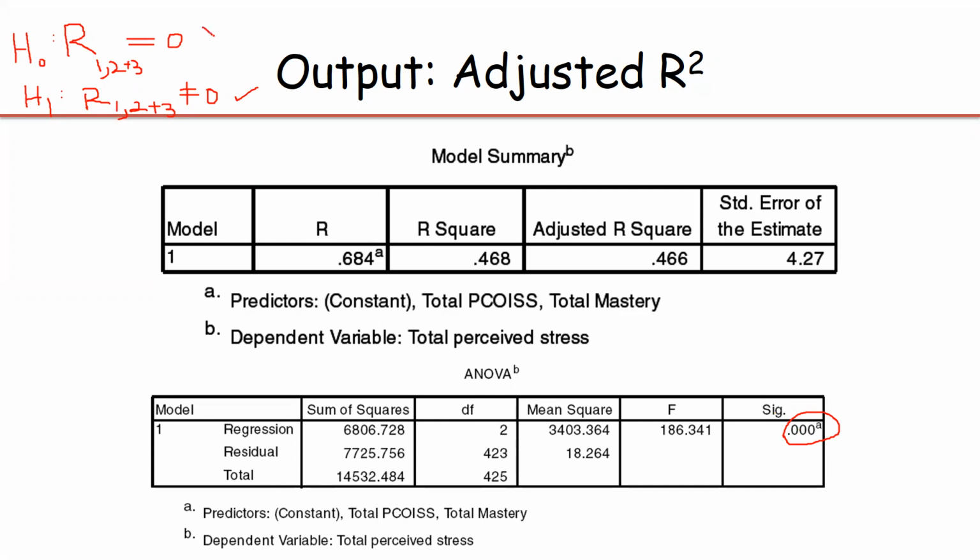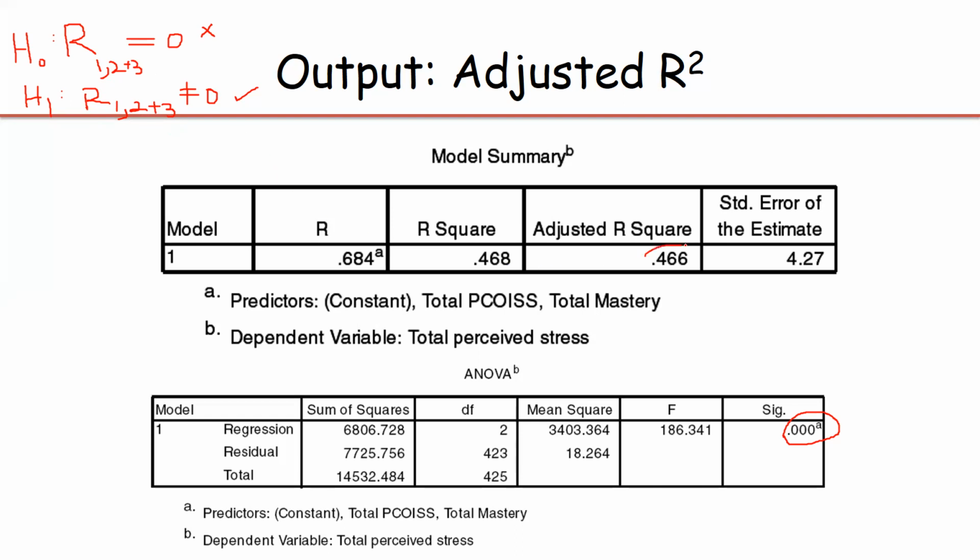So we reject this null hypothesis. Instead of using the term strong, I can use the term significant: a significant correlation exists between the response variable and the sum of all predictors.